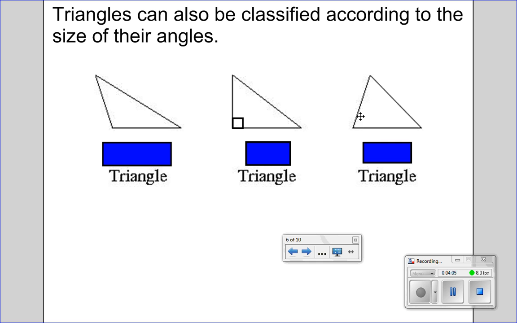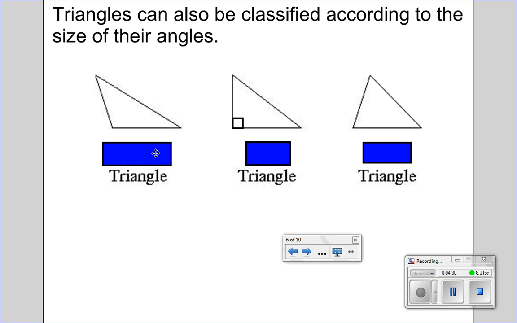And this triangle has at least one angle that is less than 90. So put the video on pause to see if you can remember the correct term for each triangle. When you hit play, I'll reveal the correct answers. But for now, put the video on pause. Okay, let's see how you did.